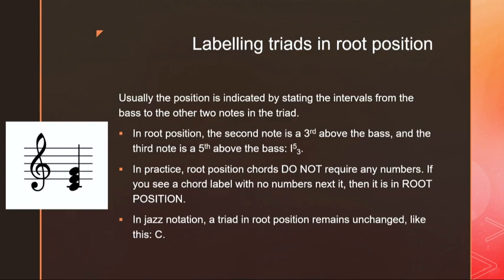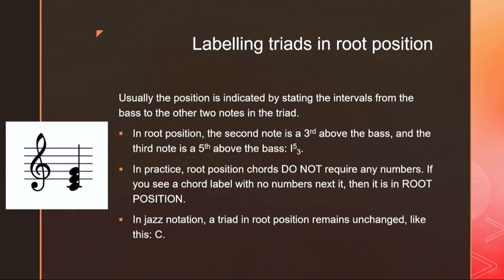Usually the position of a triad is indicated by stating the intervals from the bass to the other 2 notes in the triad. So in root position, if we're working with chord C, E, G, the second note in the chord, which is E, is a third above the bass.